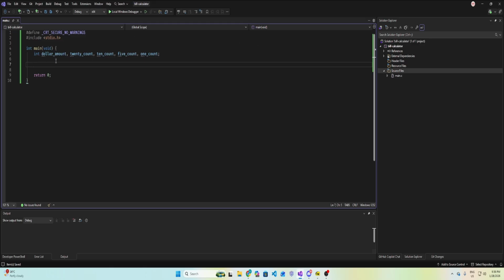So we take the dollar amount and divide it by 20. Okay, let me think. 20 count would be equal to dollar amount divided by 20.